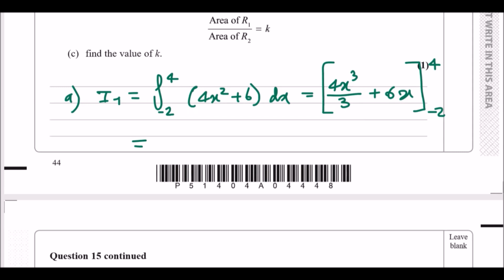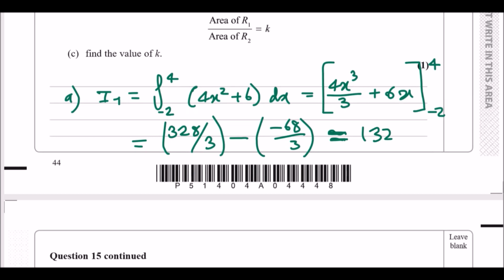So replacing the x value of 4 in your calculator, you should get something like 328 by 3, and then subtract, and then replacing the x value of -2, you should get -68 by 3. And just computing this, which isn't too bad, you should get approximately 132.